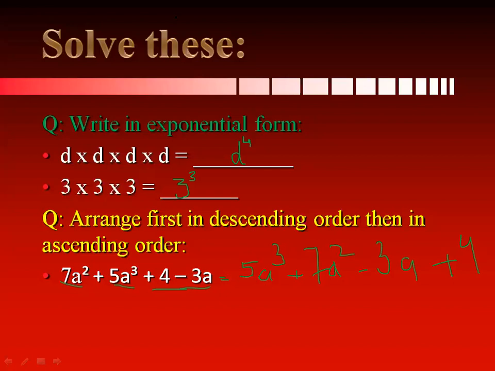Okay, Suhema has given the answer as well. Very good, Suhema. But you have written the wrong sign. Suhema, your answer is absolutely right, but your sign is not right because 3a has a minus sign and 7a squared has a plus sign. So Suhema, please write it down again with correct order and with sign.